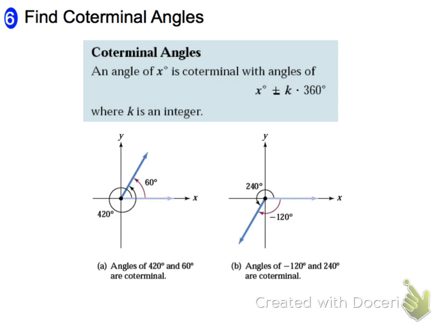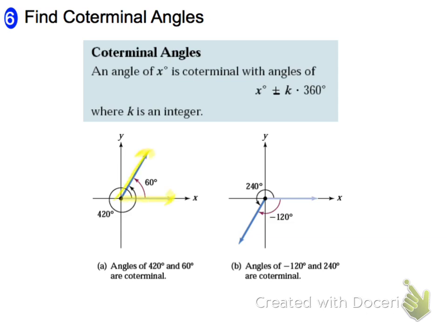The other objective for today is finding what we call coterminal angles. Now, you'll notice that multiple angles can look the same, especially depending on how many times we go around the circle. Before we talk really about the formal definition, let's just look at these pictures for a minute. You can see in the first picture here that we have a 60-degree angle drawn.